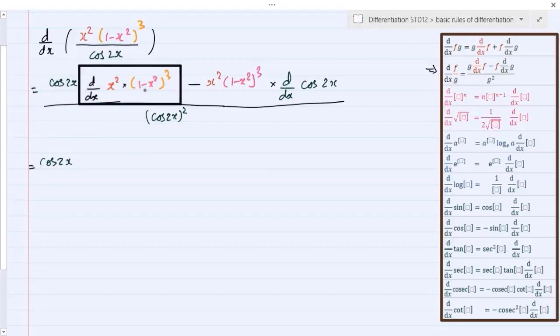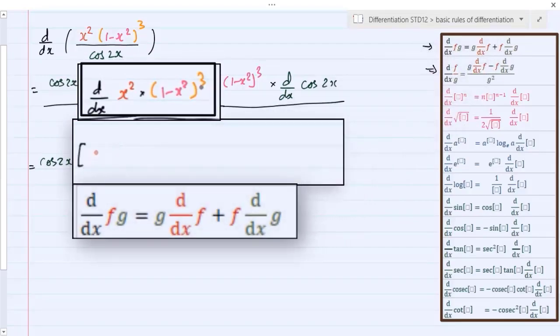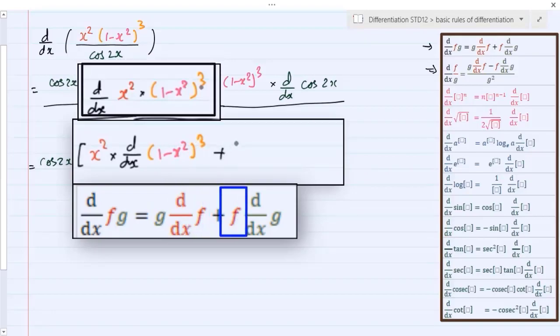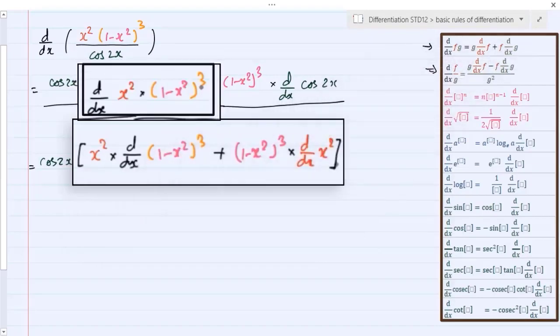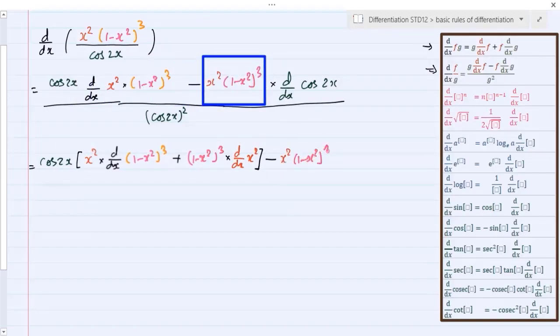We have to differentiate x square into 1 minus x square the whole cube, and for that you have to apply multiplication rule. Your x square will be as it is. First of all, let's differentiate 1 minus x square the whole cube plus 1 minus x square the whole cube will be as it is into, we should differentiate x square, minus, in second term, your x square into 1 minus x square the whole cube is as it is.